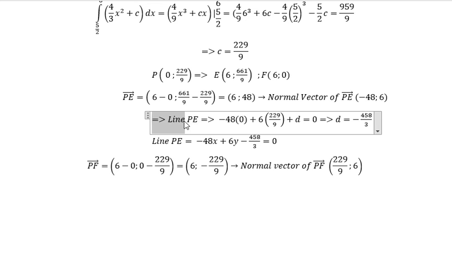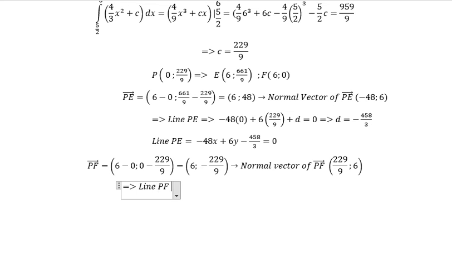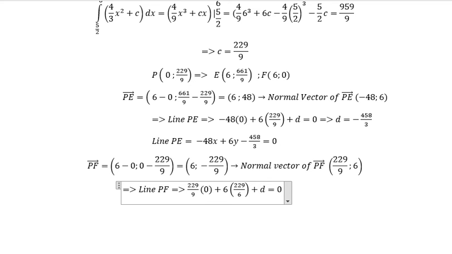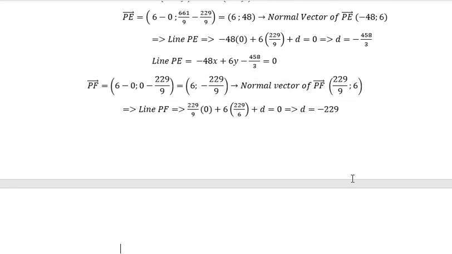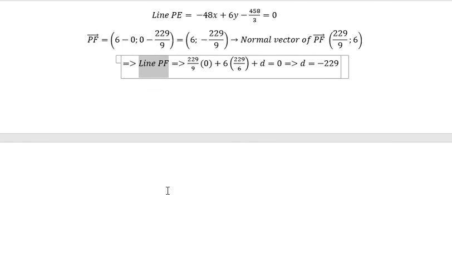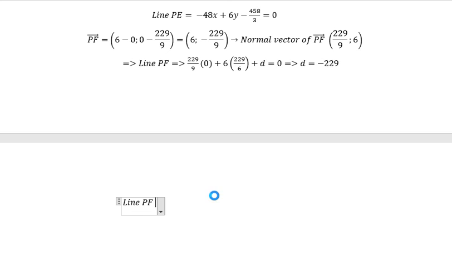So we can find the line PF. We choose the point P here, and the value of D is about negative 229. And we can find the equation of the line PF.